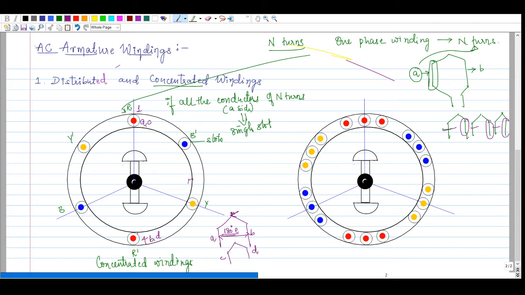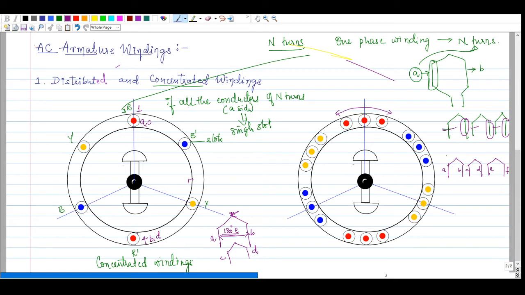Fine. So coming to the other type, we have distributed winding. In distributed winding, instead of placing all the conductors in one single slot, we distribute the conductors in adjacent slots. Consider we have 3 turns. Now these are the A conductor, B, C, D conductor and E and F conductor.